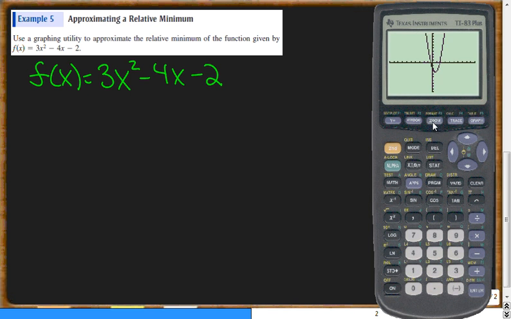I'm going to zoom in to get a better picture.